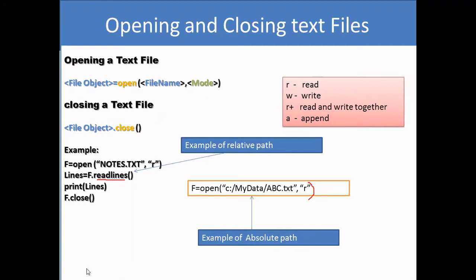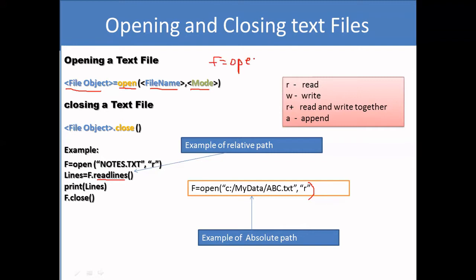This we have already discussed, how to open a file. You have to write the file object and then use the open function, which is an inbuilt function. And of course you have to write the file name and then the mode. For example, I can write f is equal to open, and f is the file handle.